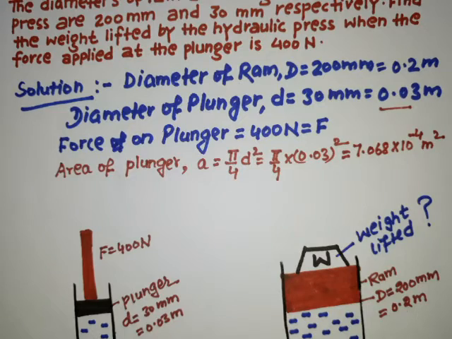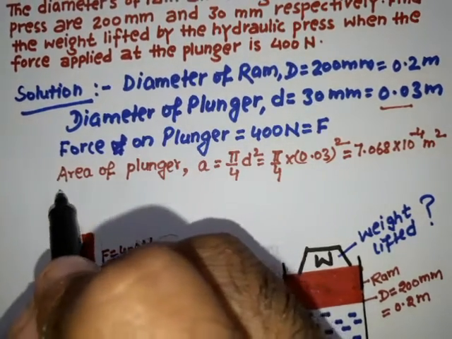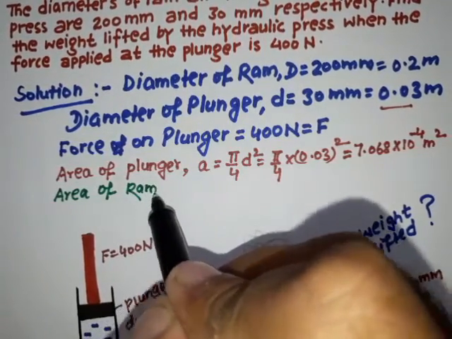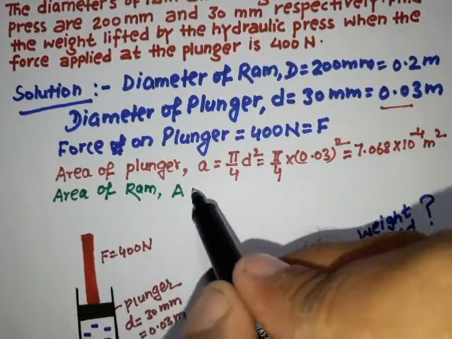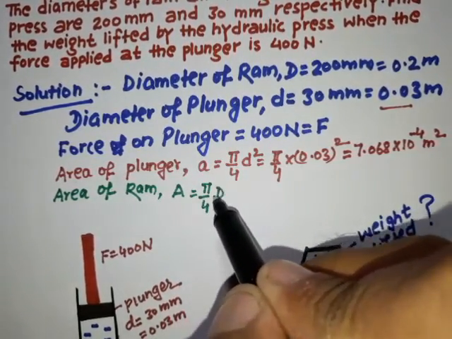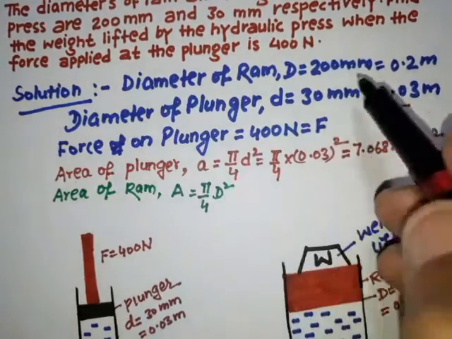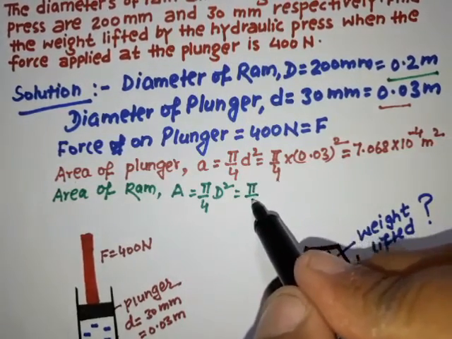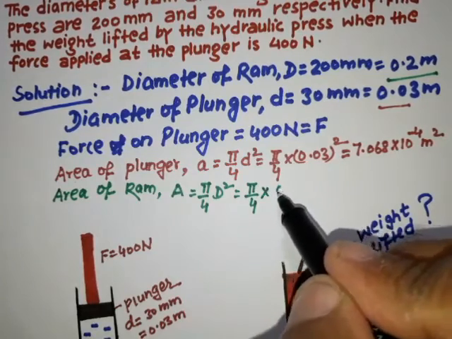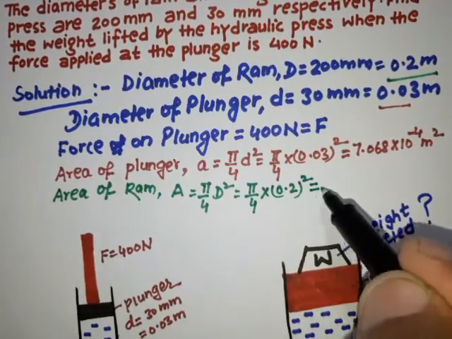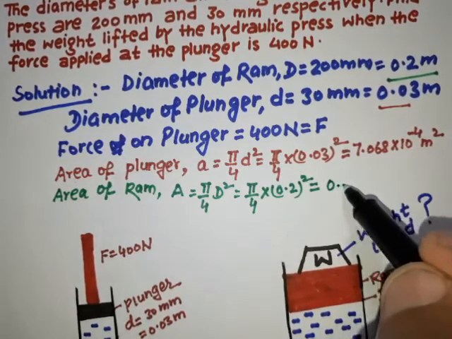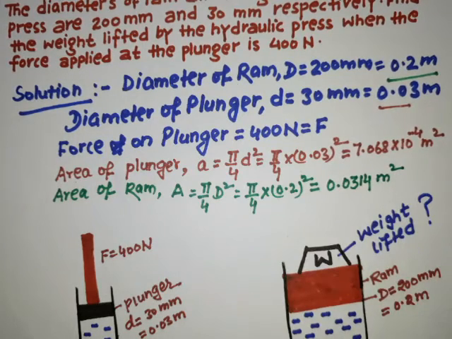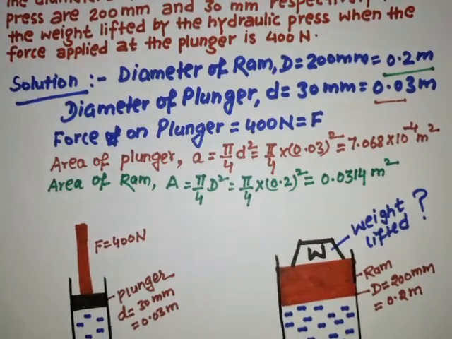So this is the area of plunger. Now area of ram, that is capital A, equal to pi by 4 D square, where capital D is the diameter of ram, that is 0.2 meter. So substitute the value of diameter of ram in this formula, pi by 4 into 0.2 whole square. After making calculation, we get 0.0314 meter square. So both the areas we have found out.